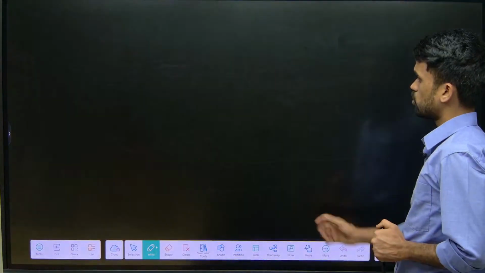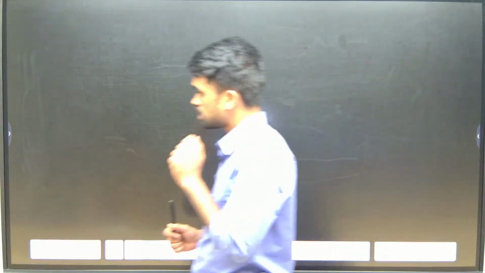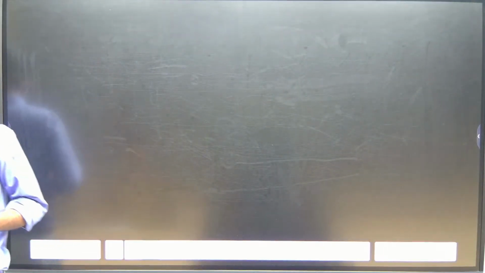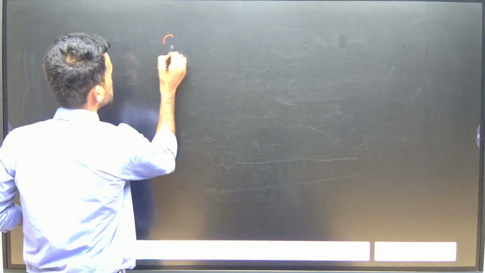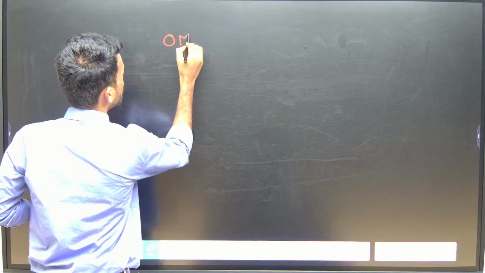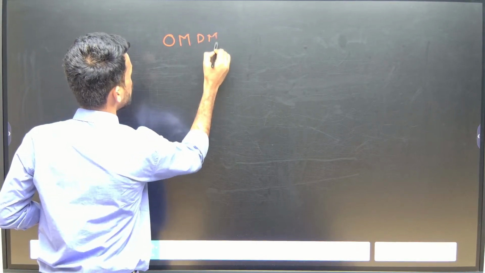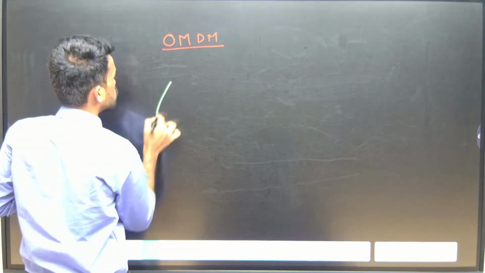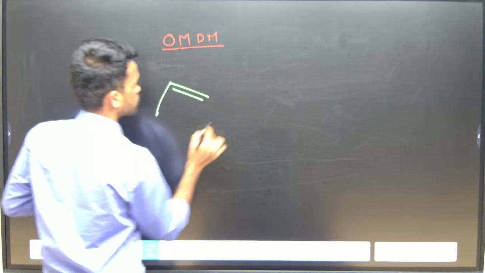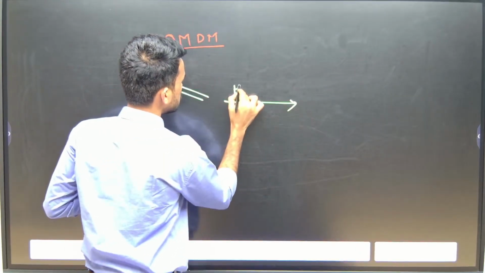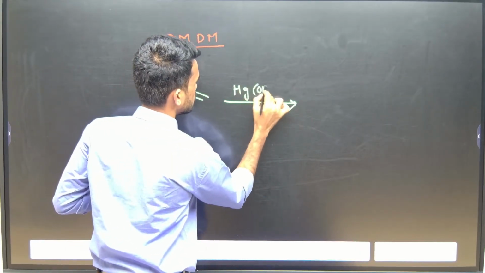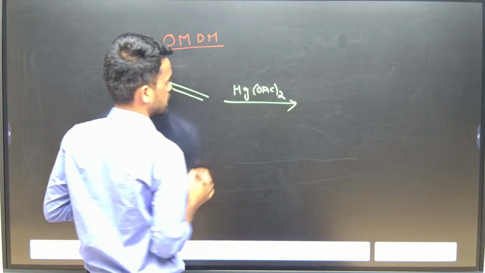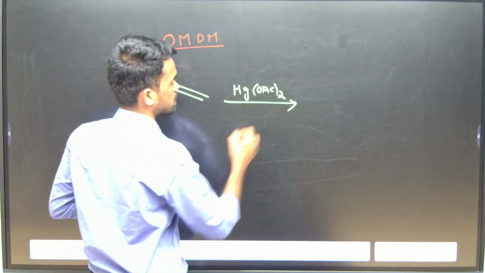Before going to this, a few more reactions are there. There is something called the OM-DM reaction, oxymercuration and demercuration. This is the short form I am writing. So here also alkenes react with HgOAc, mercuric acetate, in the presence of a solvent like water.